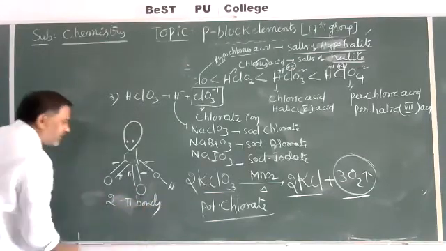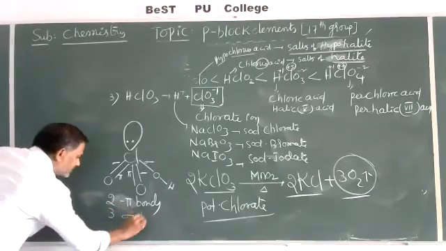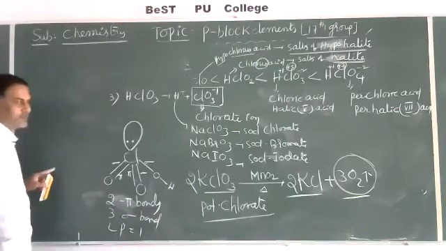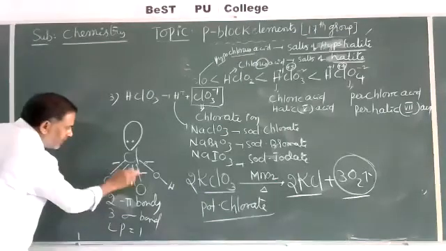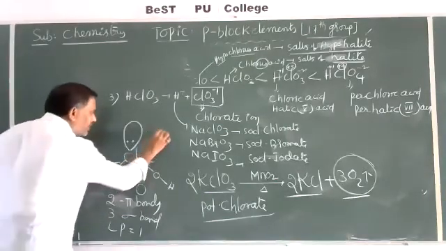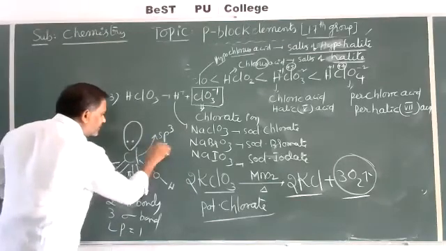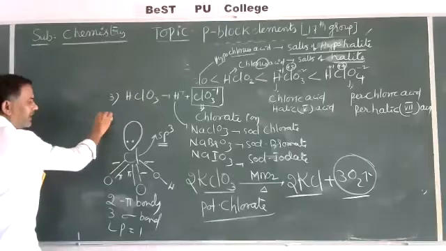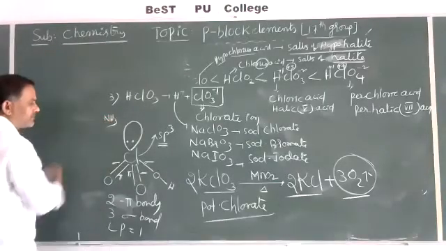Sigma bonds, how many are there here? 3 sigma bonds and lone pair LP is equal to 1. Now here the 3 sigma and 1 lone pair, that's why this chlorine atom undergoes sp3 hybridization. Just like it is an NH3-like structure.